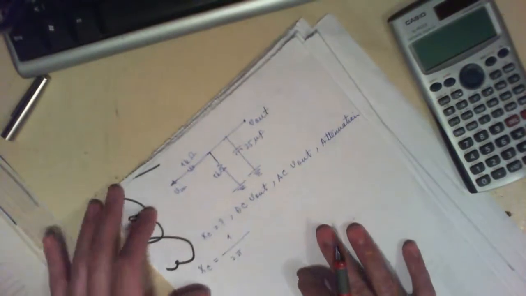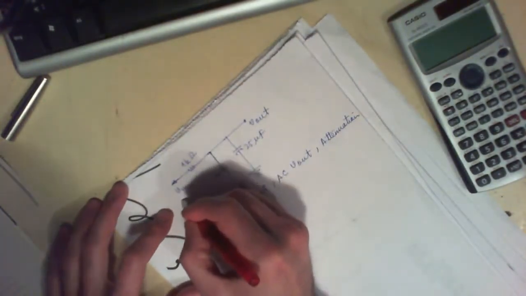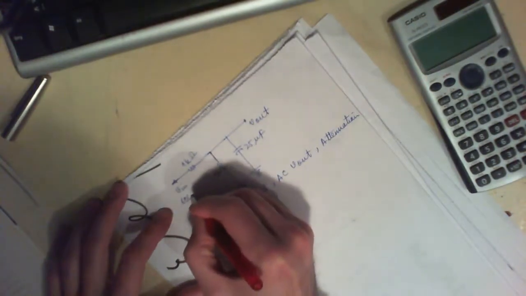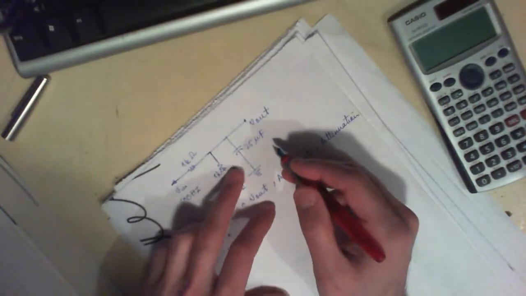Okay, so in this circuit we have the V in, the frequency is actually 600 hertz, and this capacitor is 25 microfarad.